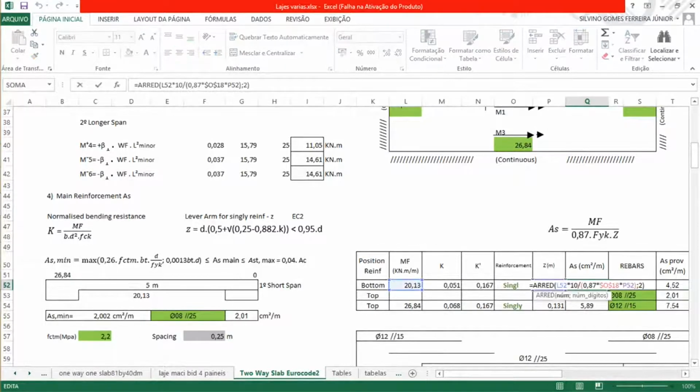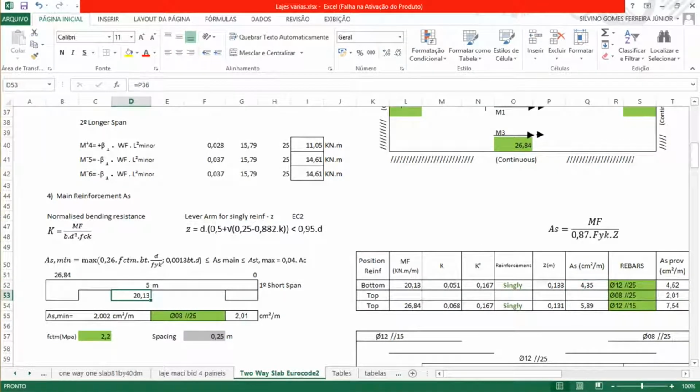Okay, we get 4.35 square centimeters per meter. So for here on the bottom, 20.13 kilonewton-meters of moment, the reinforcement that we'll need will be this one, 4.35.